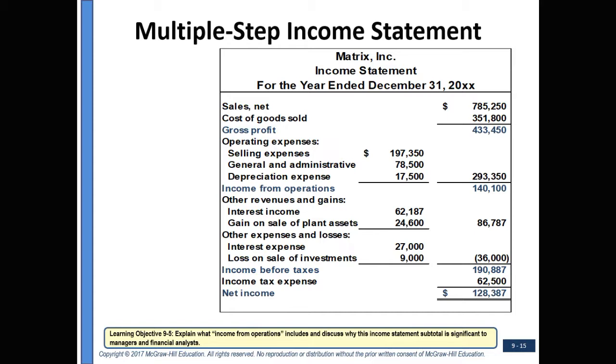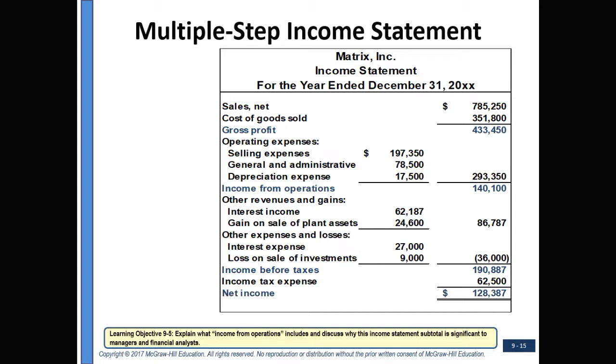The multi-step income statement has gross profit calculated before operating expenses and income from operations. Although only an intermediate subtotal on the income statement, income from operations is frequently interpreted as the most appropriate measure of management's ability to utilize the operating assets.